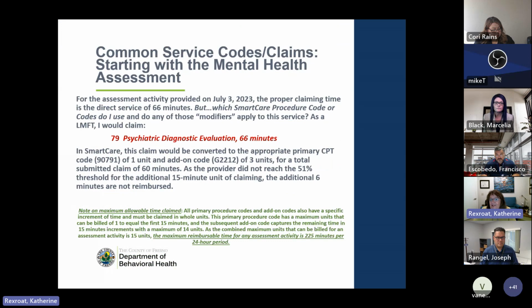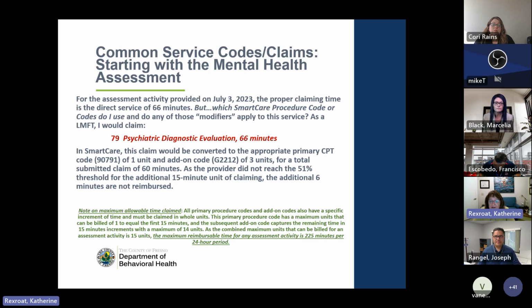So for that assessment activity that I provided on July 3rd, the proper claiming time is the direct service time of 66 minutes. But which SmartCare procedure code or codes do I use? And do any of those modifiers apply to this service? As an LMFT, I would claim using the SmartCare procedure code 79, psychiatric diagnostic evaluation, 66 minutes.